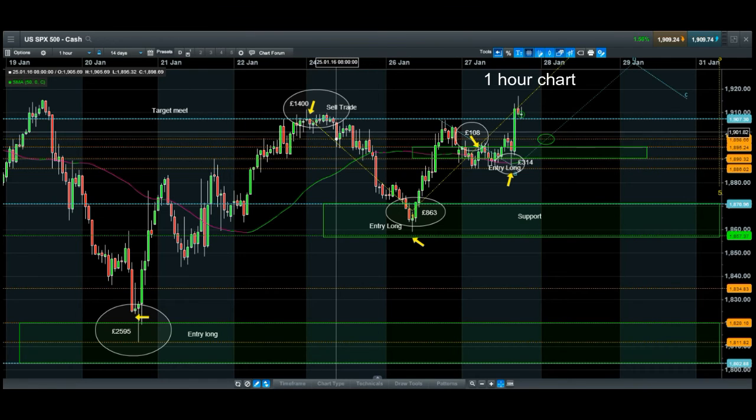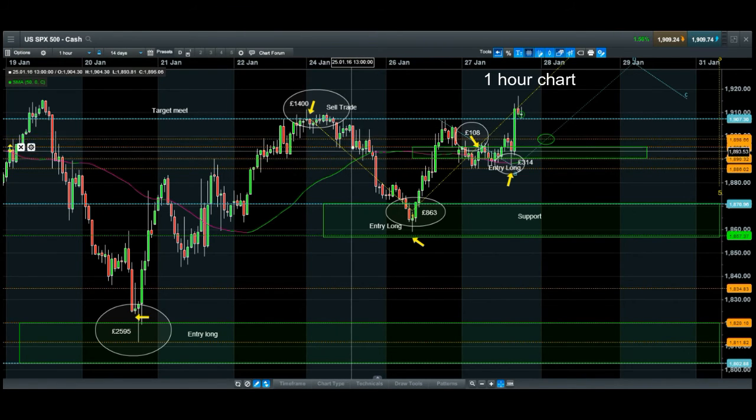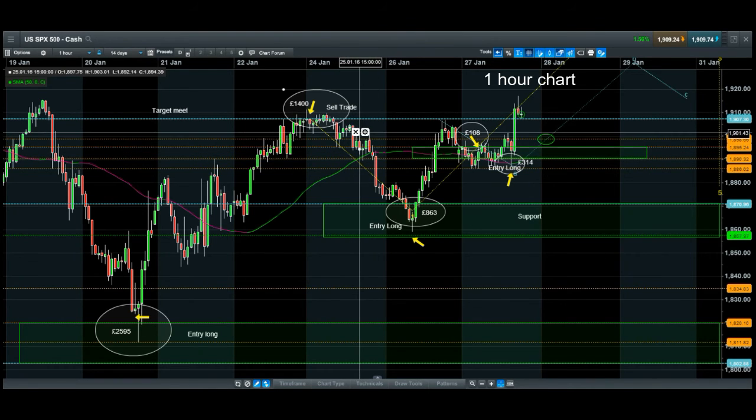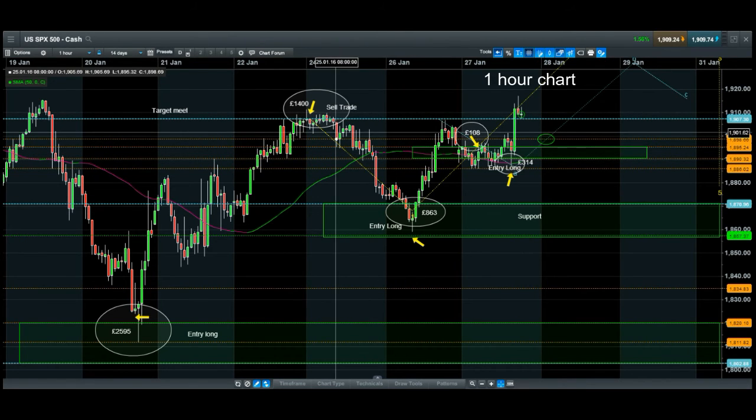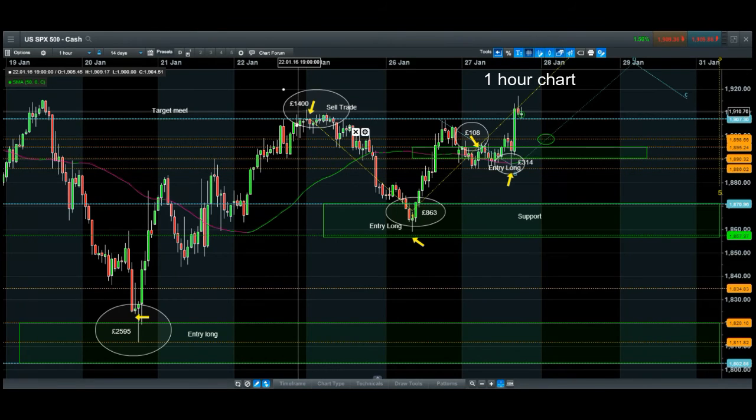So every time it dropped, I took profits, it went back up, I sold again, went back down, I took profit, went back up, I sold again, and so on four times. And from here, I sold, and then it went all the way down there, which generated 600 something. And all that together was £1,400. So that's a nice little sell here.